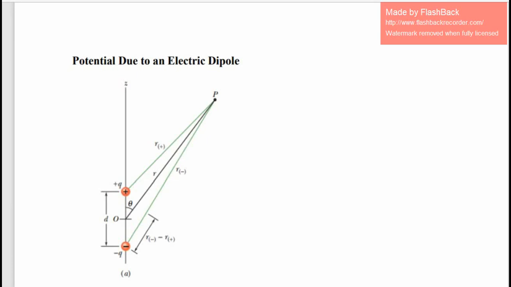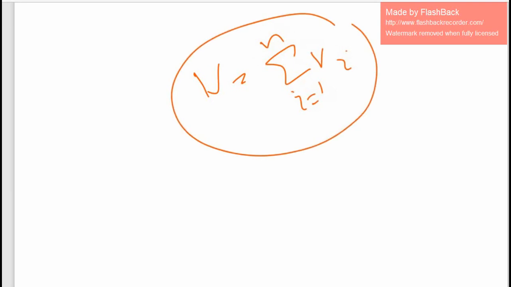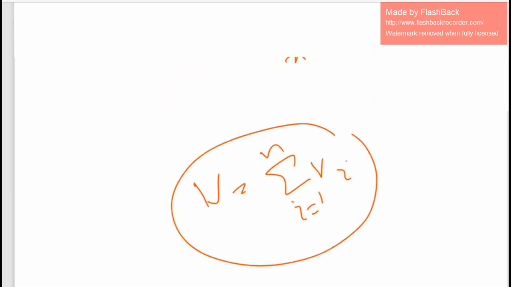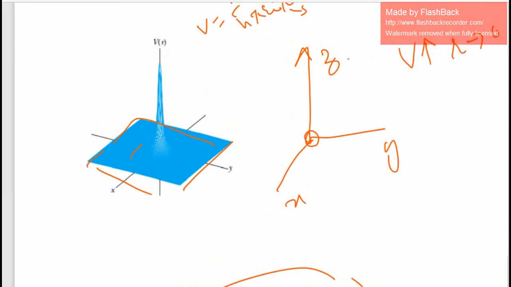Using the equation V is equal to the sum over i equals 1 to n. What does it mean? We have calculated this for a point charge.